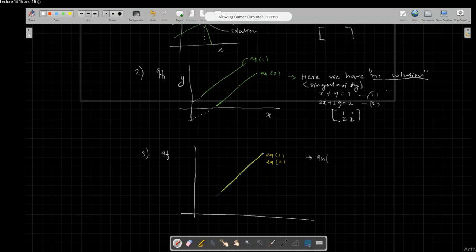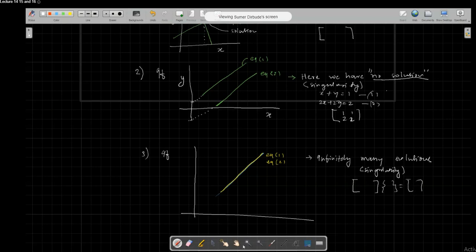So infinitely many solutions. This is also called a singularity, and we do not want singularity. A matrix should be such that we do not get any singularity.